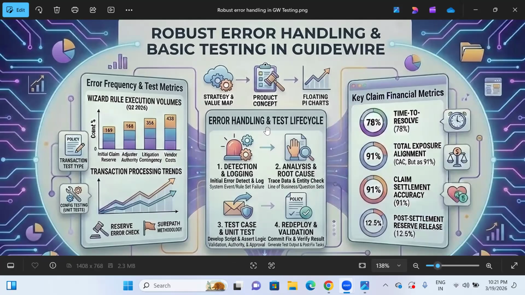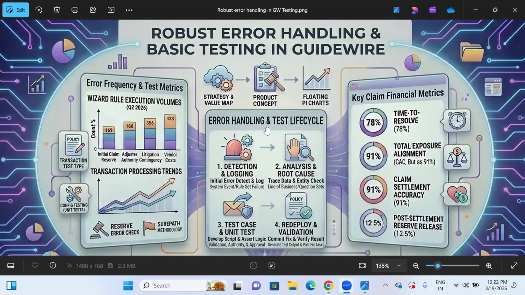So when it comes to the error frequency and test metrics, we need to identify the wizard rules as well as execution volumes, either right from initial claim reserves or adjusting authorities, including litigations and contingencies, vendor cost, everything will be involved in it.